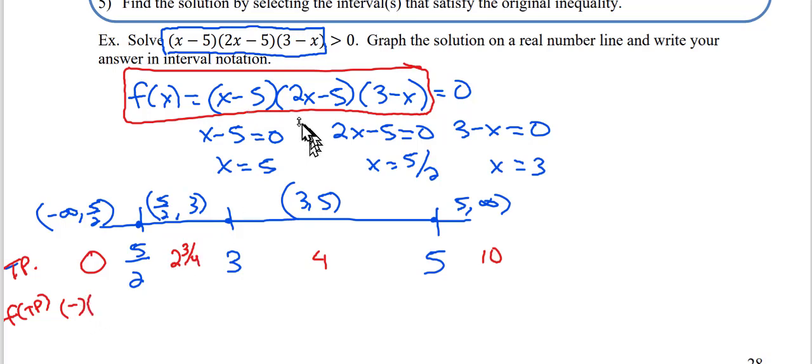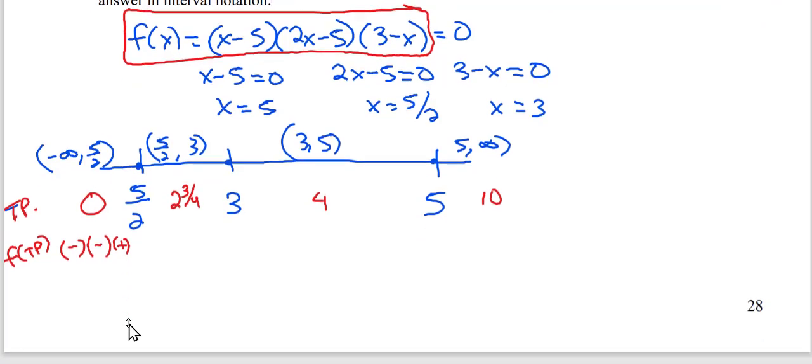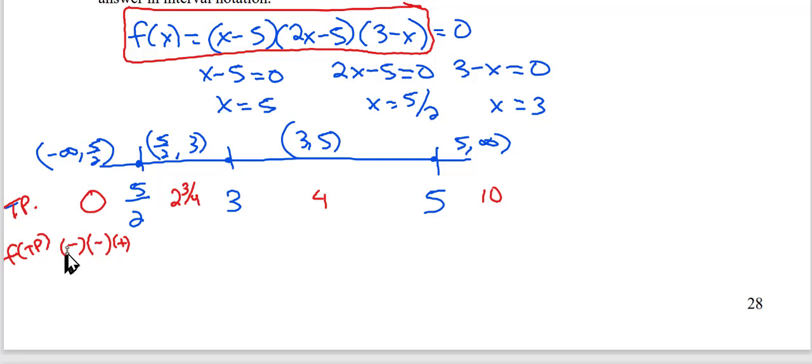The second factor, when I plug 0 in, I get -5, a negative number. Last, when I plug 0 in, I get a positive number. The reason I don't particularly care what that number is is because I know that it's a negative number times a negative number times a positive number, which gives me a positive.